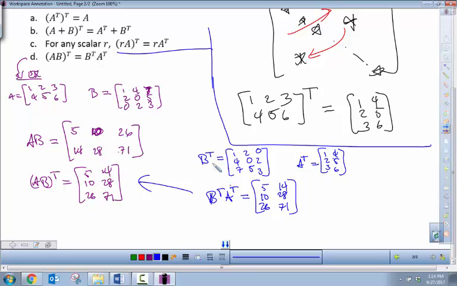I only have 2 columns from A transpose and 3 rows for B transpose, and so the A transpose B transpose multiplication doesn't work. Does not exist.